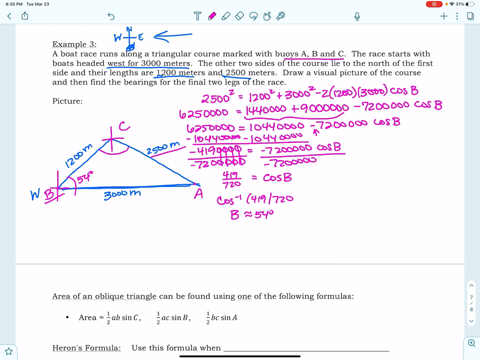So now I'm going to use it to find angle C. Well, the side across from angle C is 3,000. So I'm going to start with 3,000 squared equals 1,200 squared plus 2,500 squared minus 2 times 1,200 times 2,500 times the cosine of C this time.